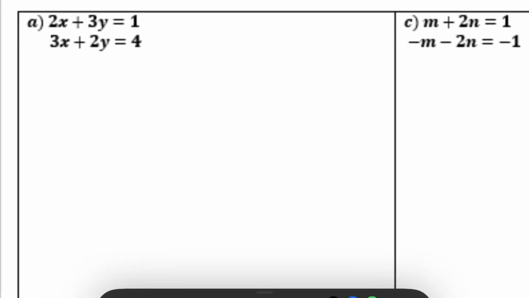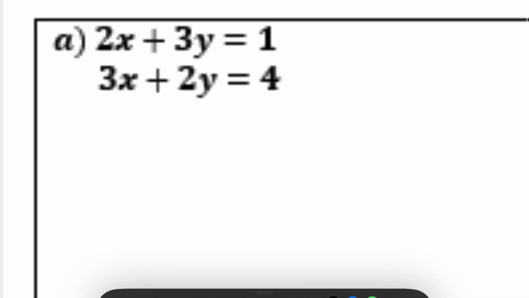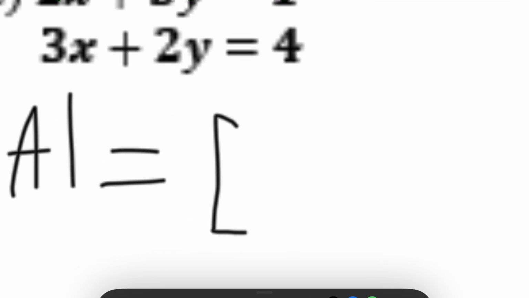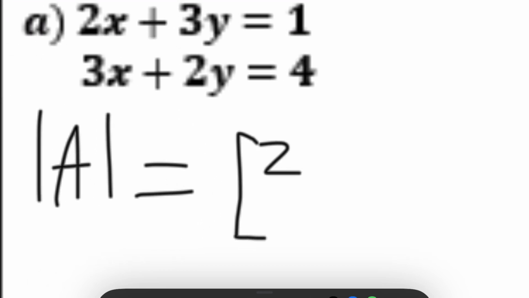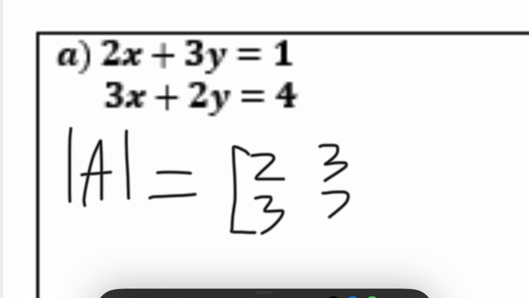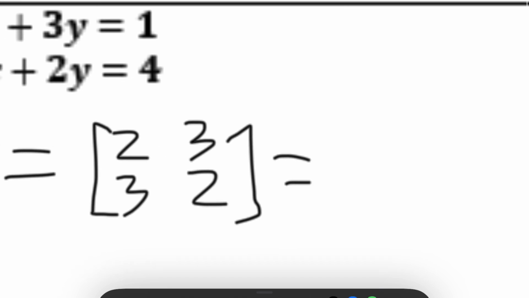I will show you how to solve a linear system following Cramer's method. We first need to get our main determinant. So we arrange the coefficients this way as they appear in the problem, and we then multiply diagonally and subtract the products.